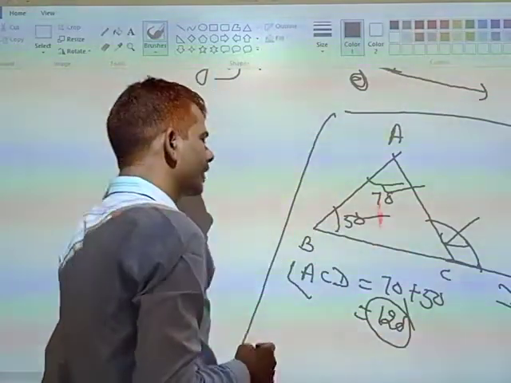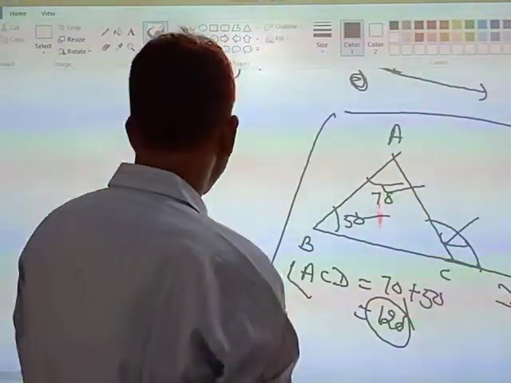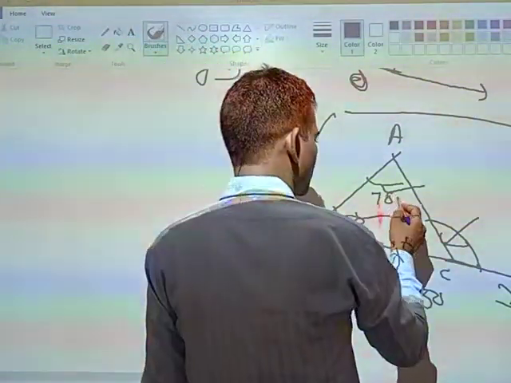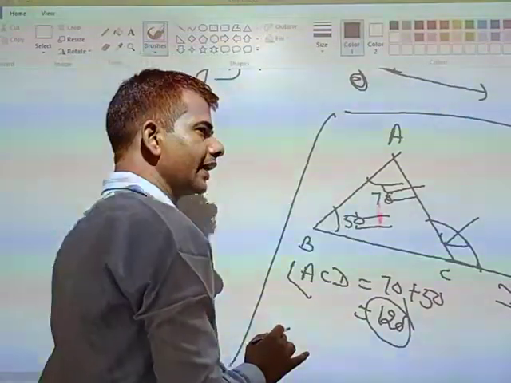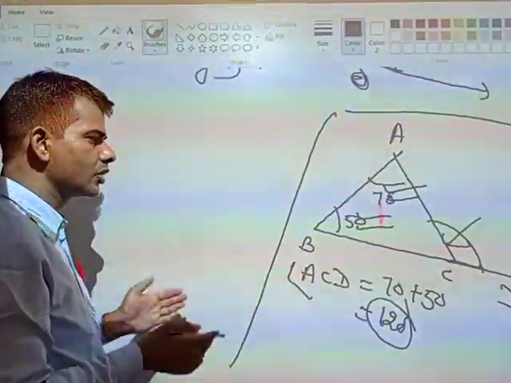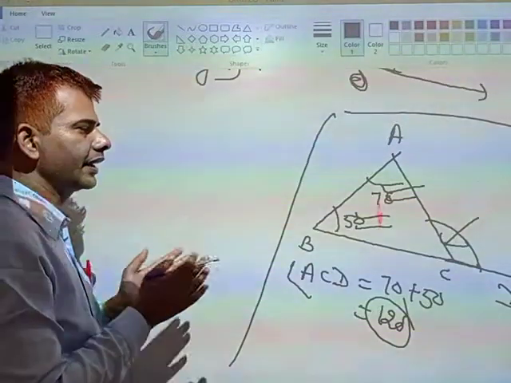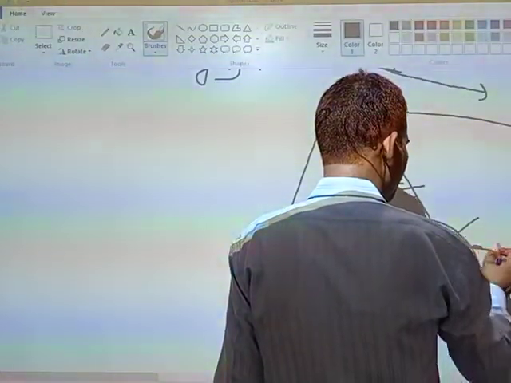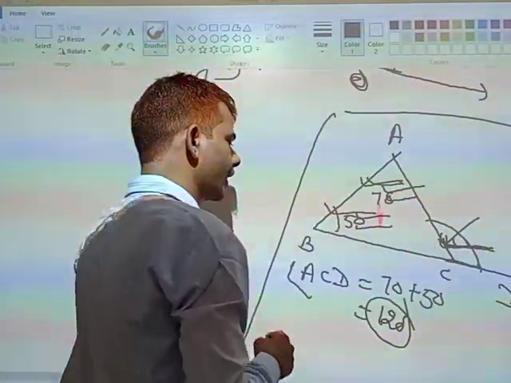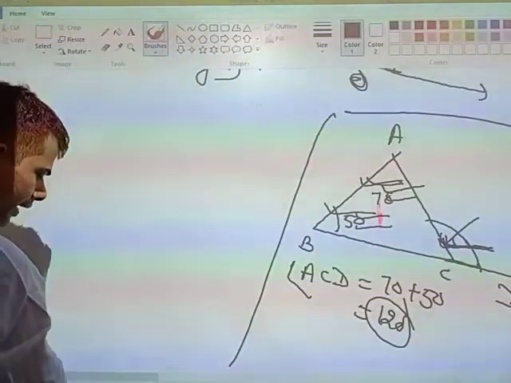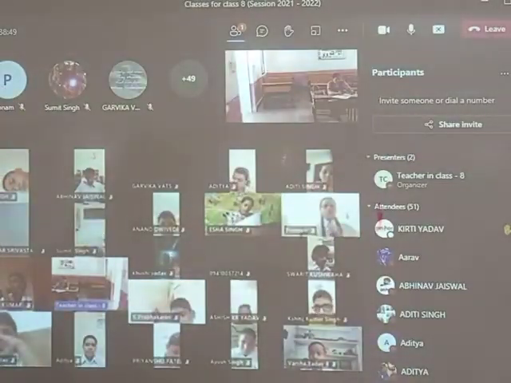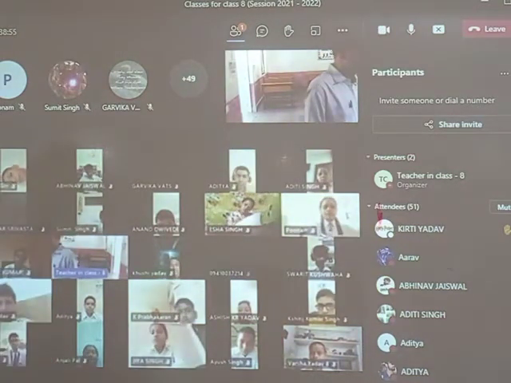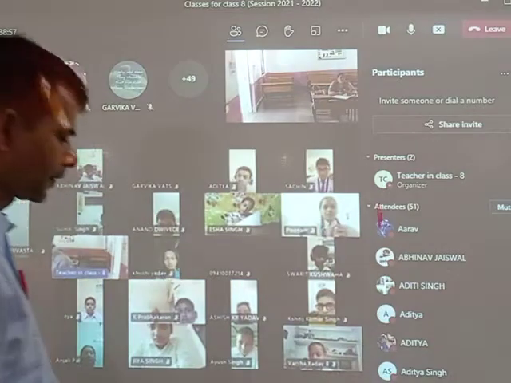Why? Exterior angle property of a triangle: the exterior angle of a triangle is equal to the sum of the two interior opposite angles. That is 120 degrees. Students, any doubt, any problems? Is your concept clear?